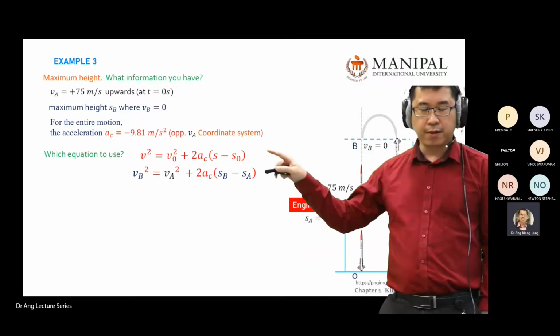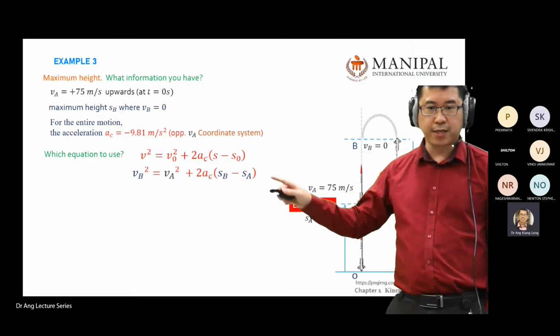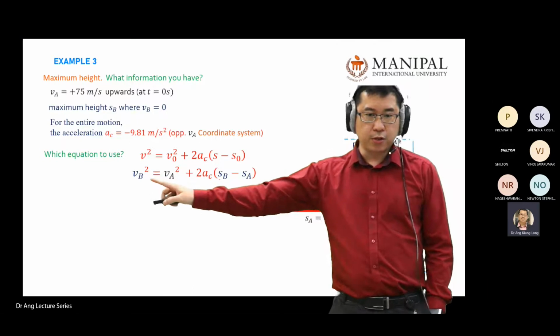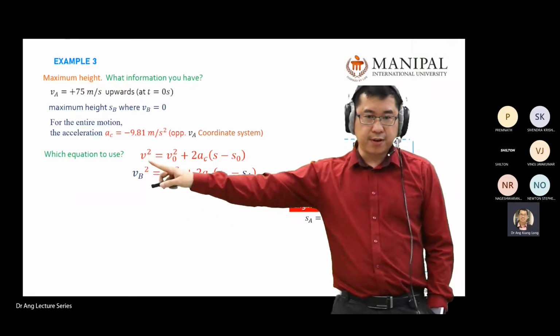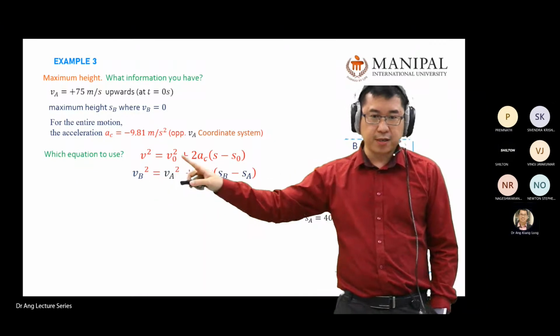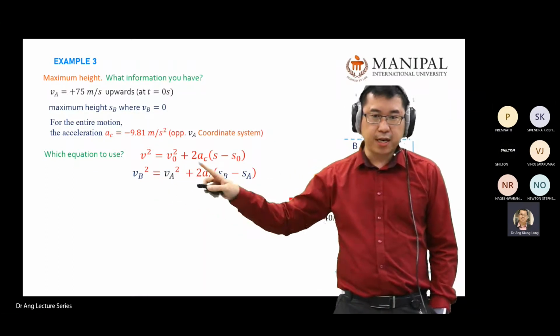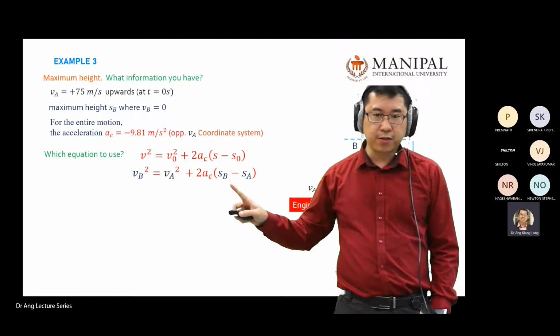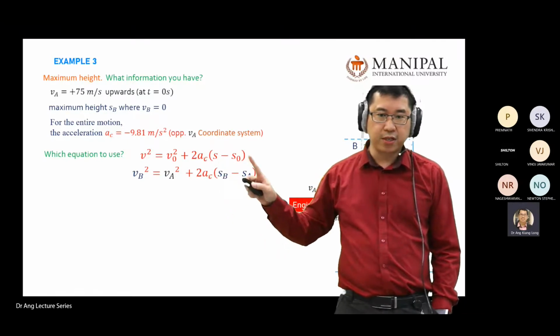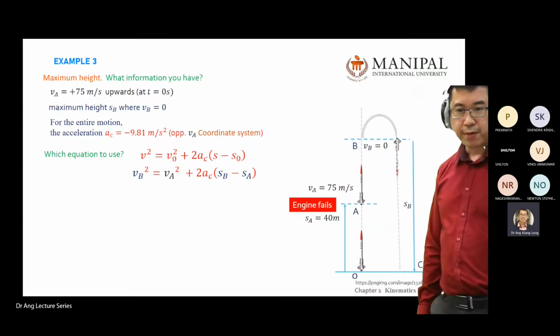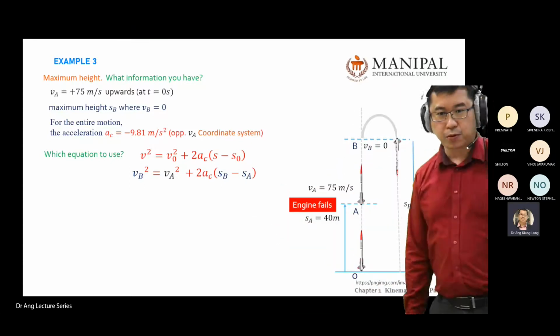So you substitute accordingly. This is the final, at point B. This is the initial, at point A. This is the gravity force. The rest is just substitution.